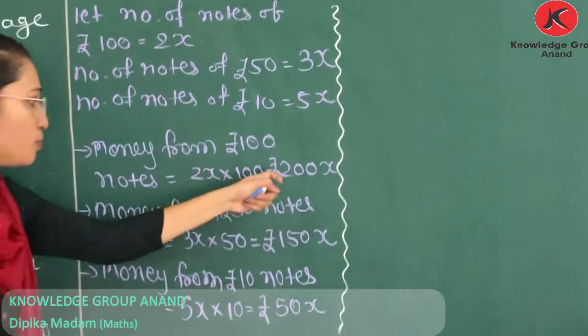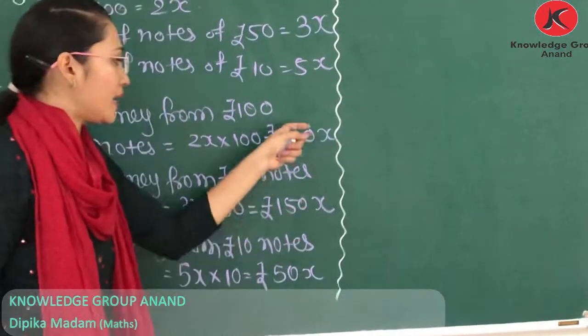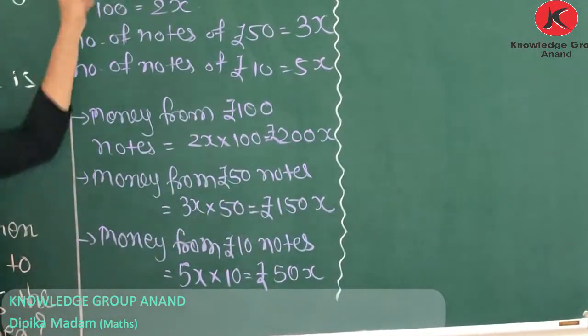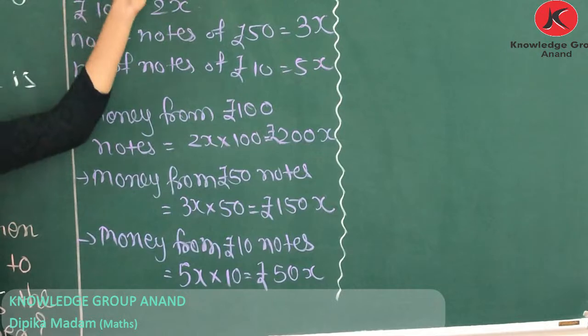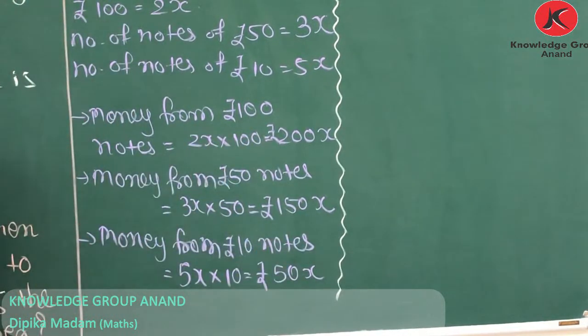Now we have rupees 200x, 150x and 50x, but the addition is 4 lakh. What is the statement? Total money is 4 lakh. Means if you add these three, what should come? 4 lakh.